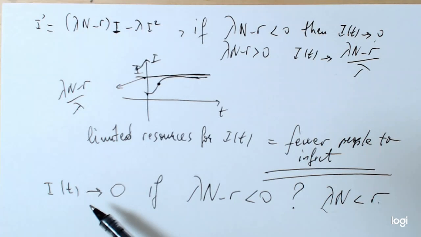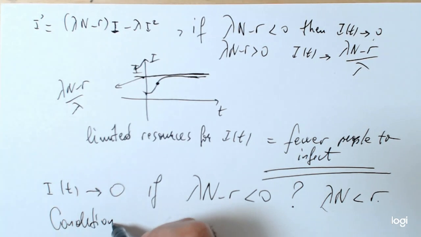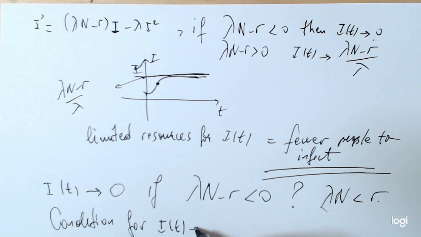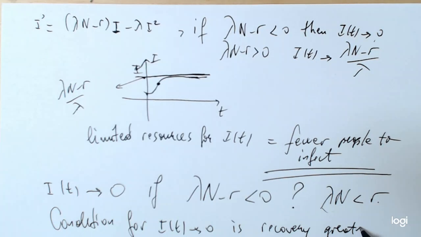Because it would make sense that the infection goes away if the recovery rate, which is against the disease, basically, like a death rate for the disease, if you want, was greater than something. So it stands to reason that the condition for I of t to go to zero is recovery greater than something.